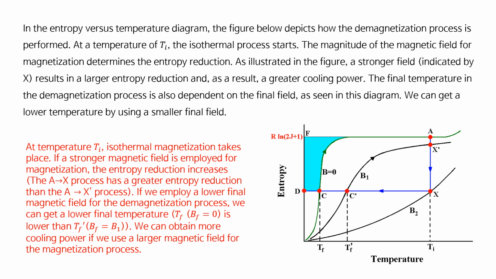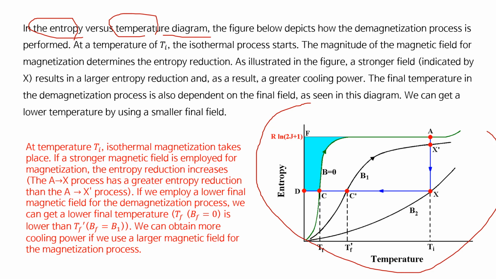In the entropy versus temperature diagram in this figure, the figure below depicts how the demagnetization process is performed. At temperature T_i, starting from A, the isothermal process starts.